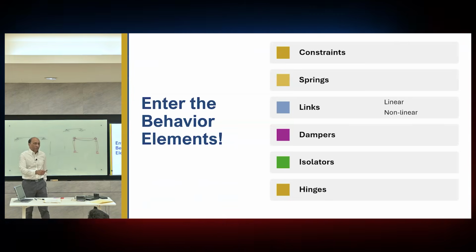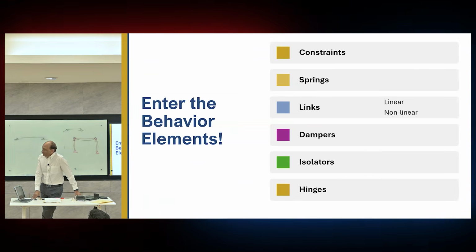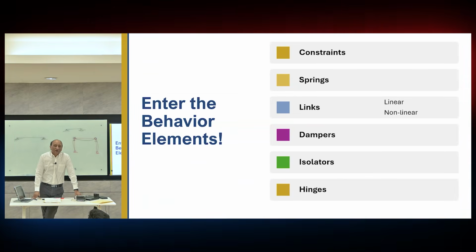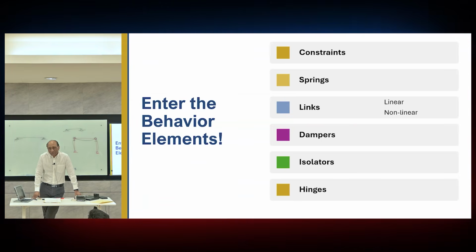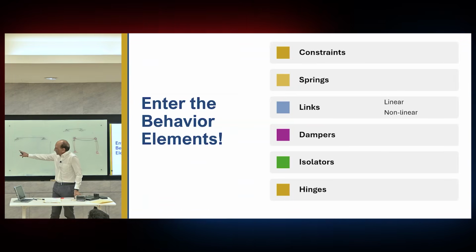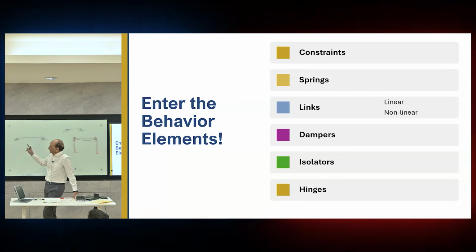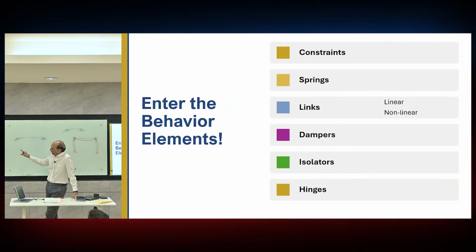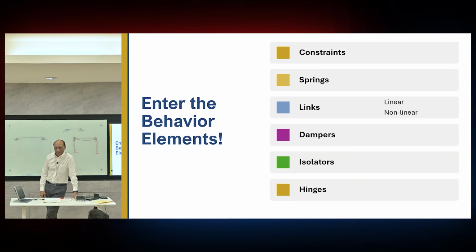But just to tell you the solution, this is the solution to all those problems. Behavior elements. So far, we have been talking about elements that represent physical geometry. The invisible behavior is represented by invisible elements, like constraints, springs, links, dampers, isolators, and hinges. None of them is real.